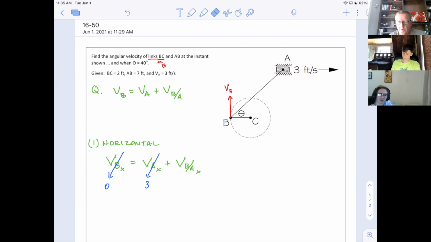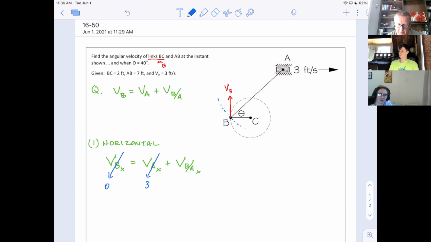I'm curious, could you draw the velocity of B as it rotates around A in this picture? Do you know where to draw that? Well, remember that if it's rotating around A, then it's rotating on the circle with A at the center.